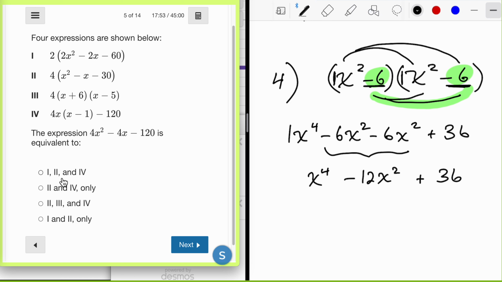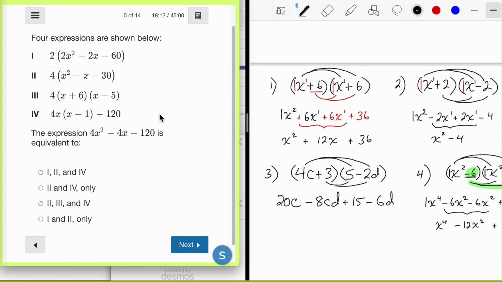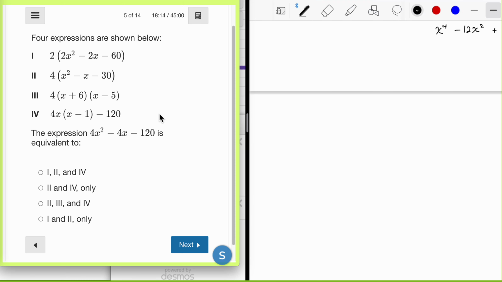So it's a matter of whether it's 1, 2, and 4 or 1 and 2 only, which means I could ignore the weird-looking, most complicated one, because that's irrelevant now. So I'll jump right to number 5.